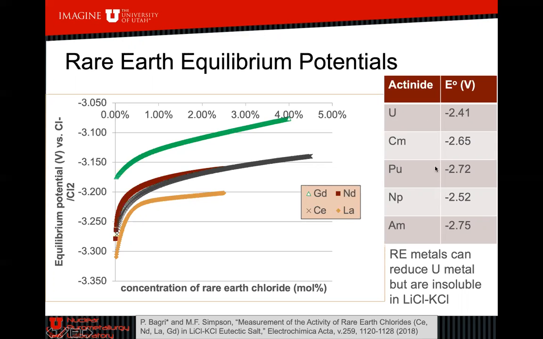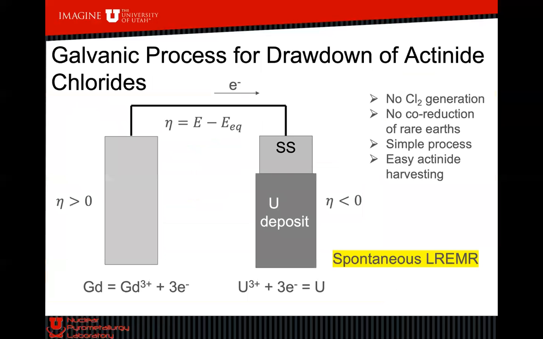So we came up with this idea of, well, what if we used gadolinium, that's the green curve, as our anode? Could we do a nice controlled reduction of the actinides? This is the process we came up with. A galvanic reduction, where we actually create a galvanic coupling.